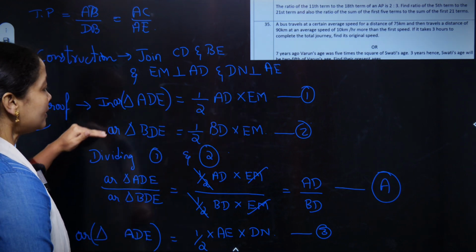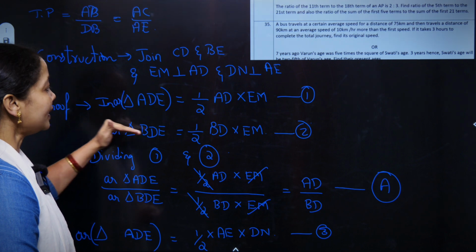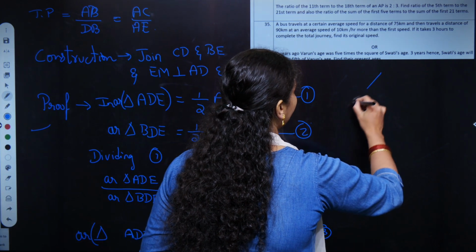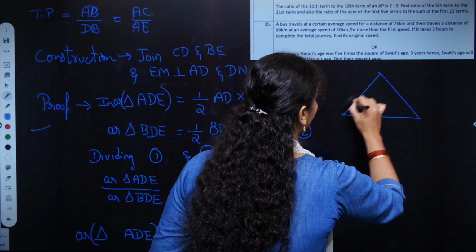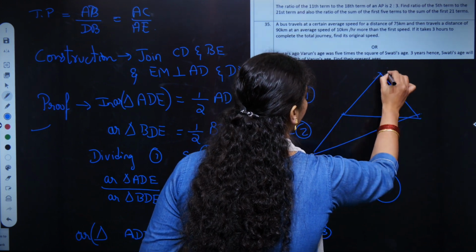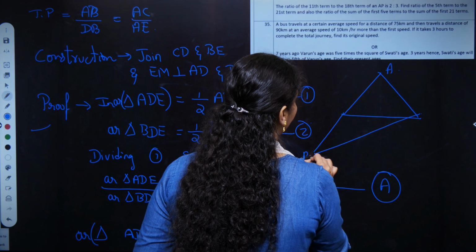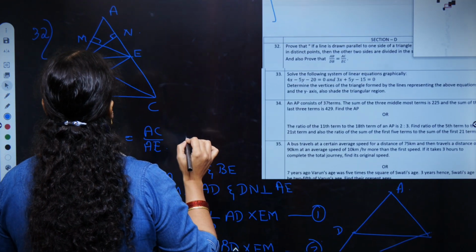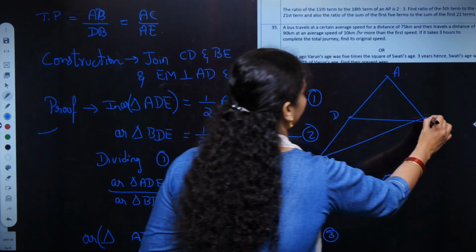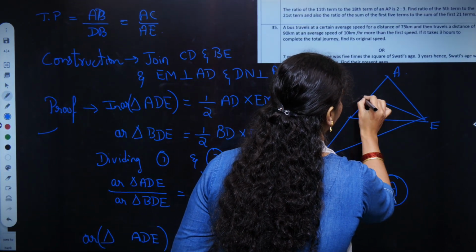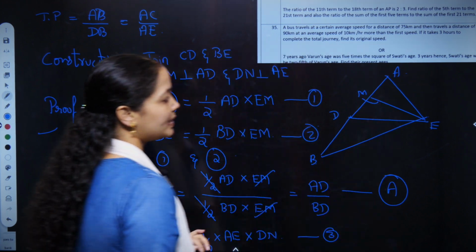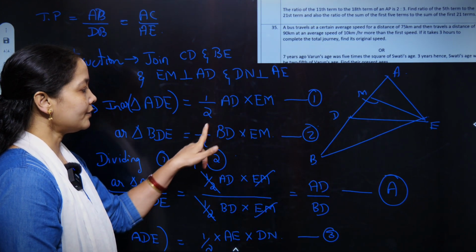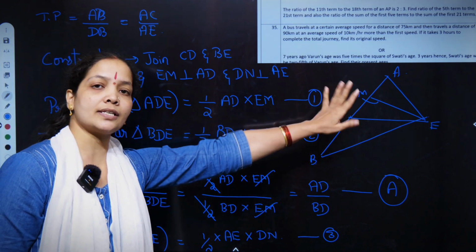Same way, if I take the lower part, triangle BDE, if I just bifurcate the figure here, this is my triangle ABD and EM. So half base into height. Therefore, the area of triangle BDE will be half into BD into EM. I am considering the external height here.